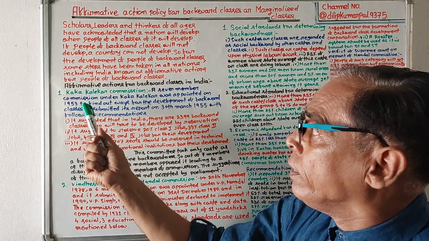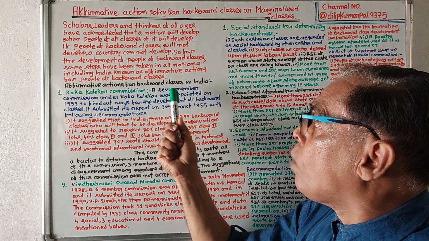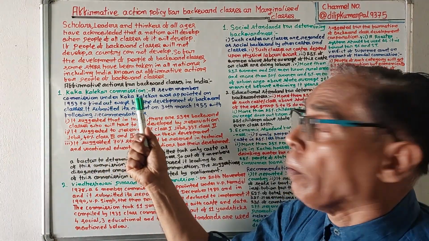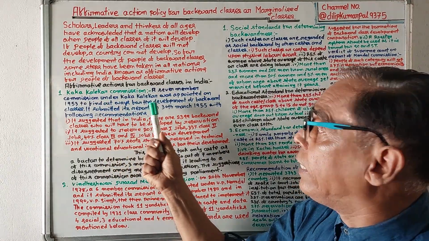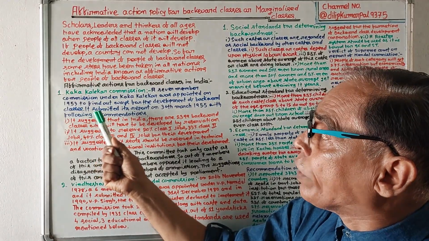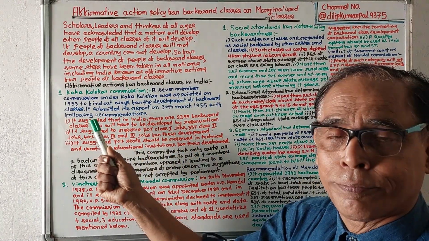Number 1, affirmative actions for backward class in India. Number 1, Kaka Kalekar Commission. A 7-member commission under Kaka Kalekar was appointed in 1953 to find out ways for the development of backward classes.